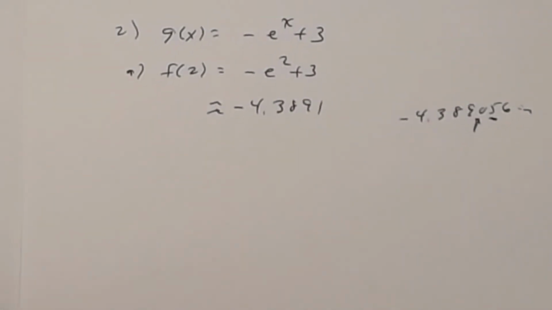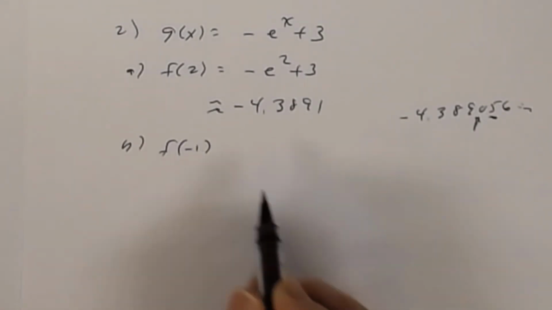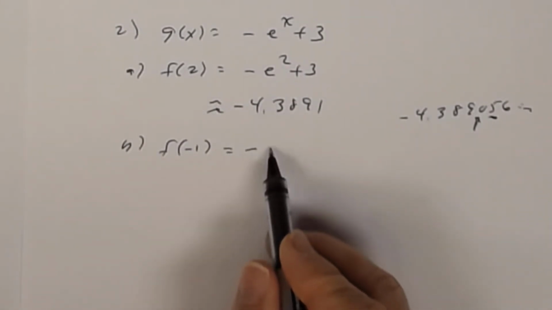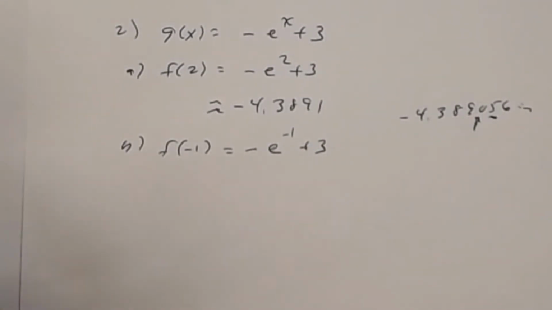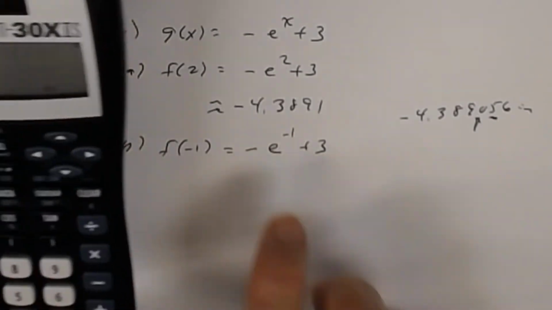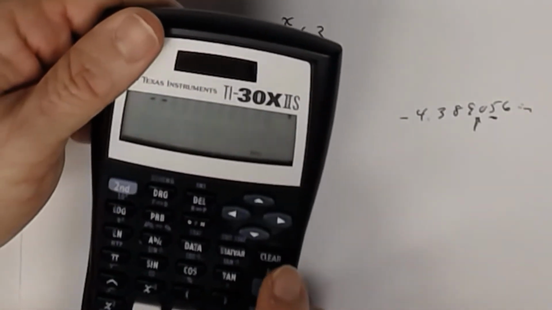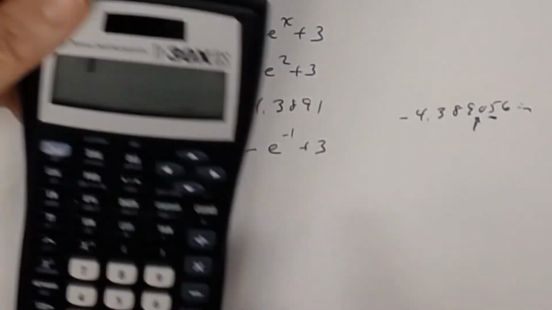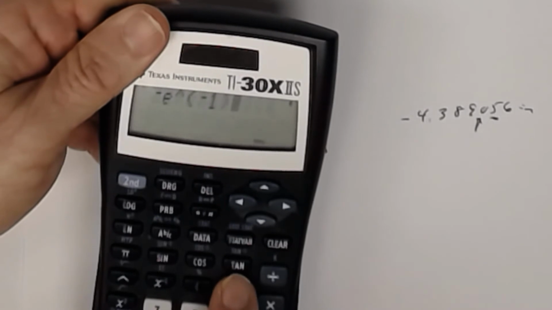All right, B, you want to find f of negative 1. Same idea. You're going to say, well, that's going to be negative e to the negative 1 power plus 3. So in your calculator, you got to press that negative function first. So that's this. I get second ln, e to the negative 1, close that parentheses.